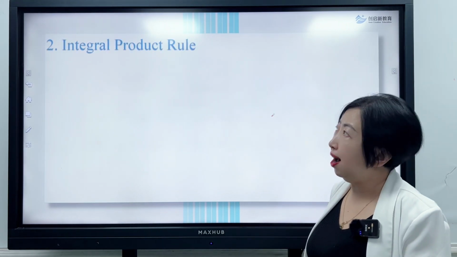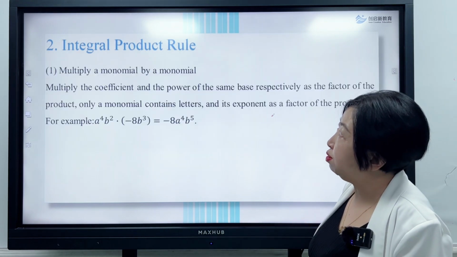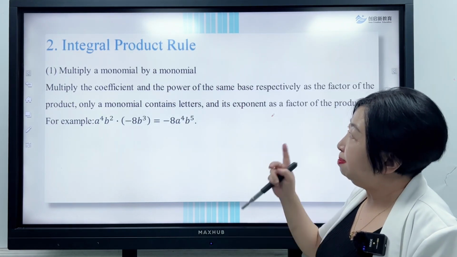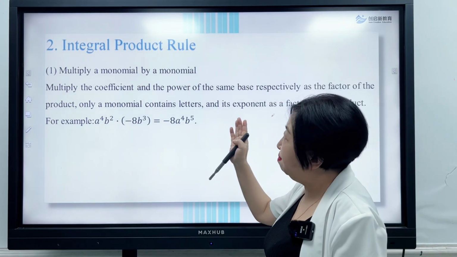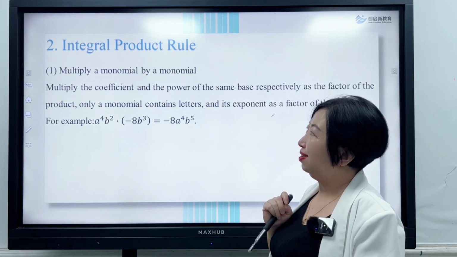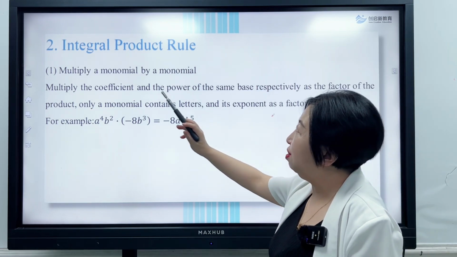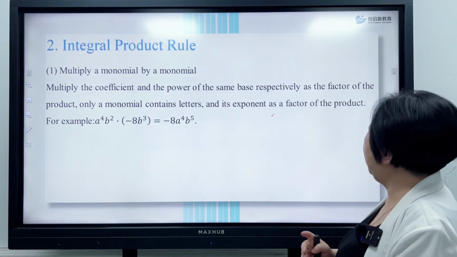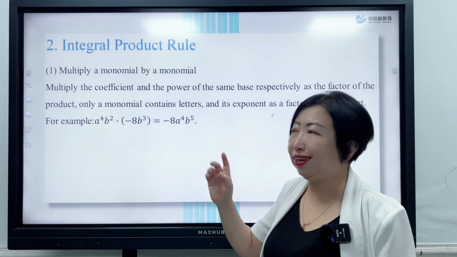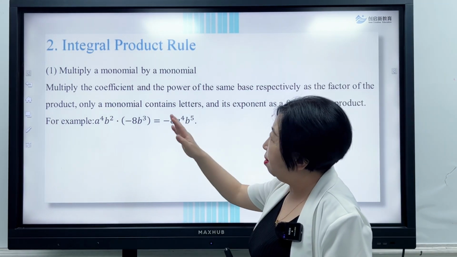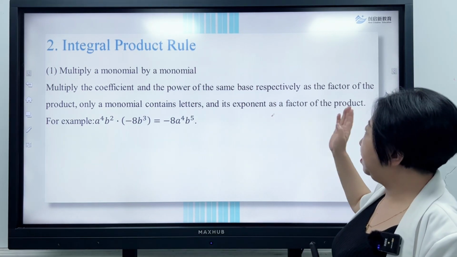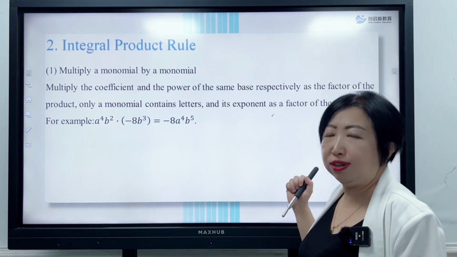The second part, integral product rules. Let's learn the rule. Multiply a monomial by a monomial. Multiply the coefficients and the powers of the same base respectively as factors of the product. A letter that appears in only one monomial is kept, along with its exponent, as a factor of the product.